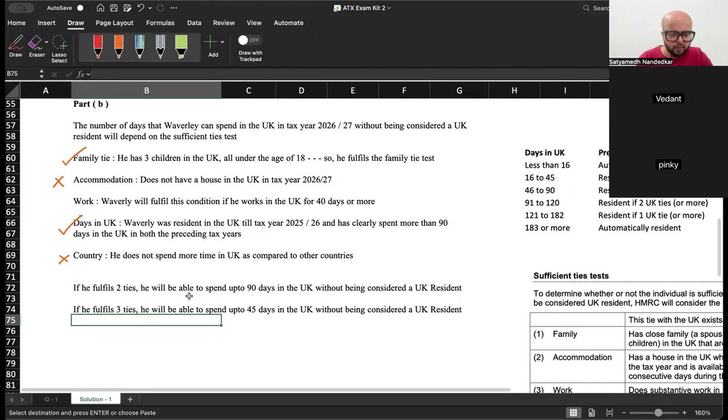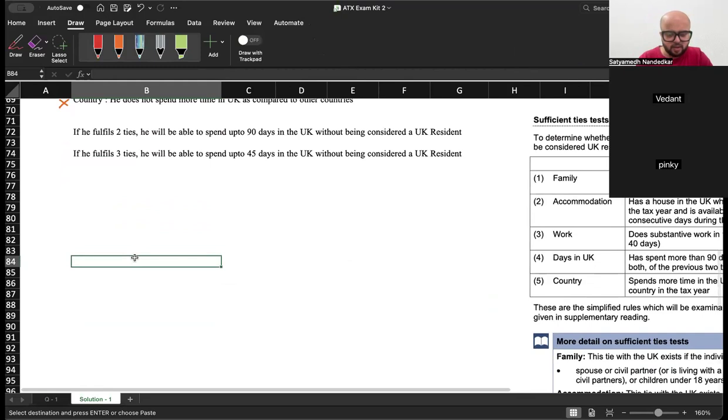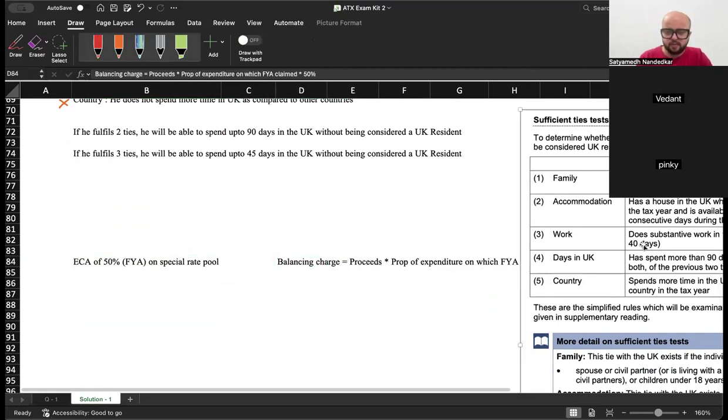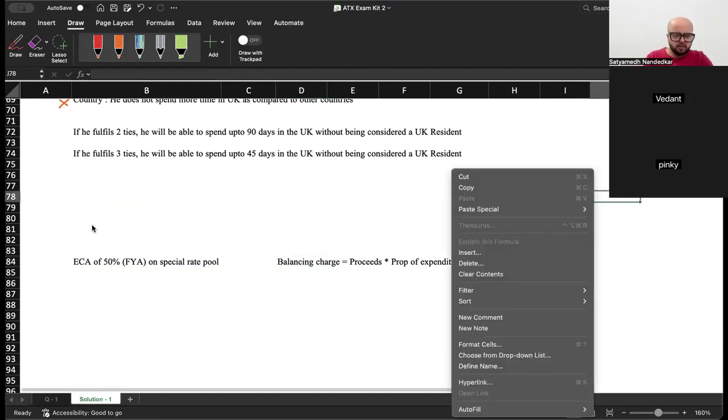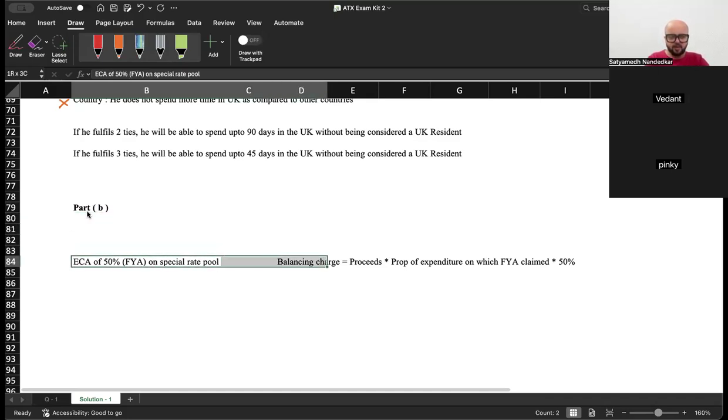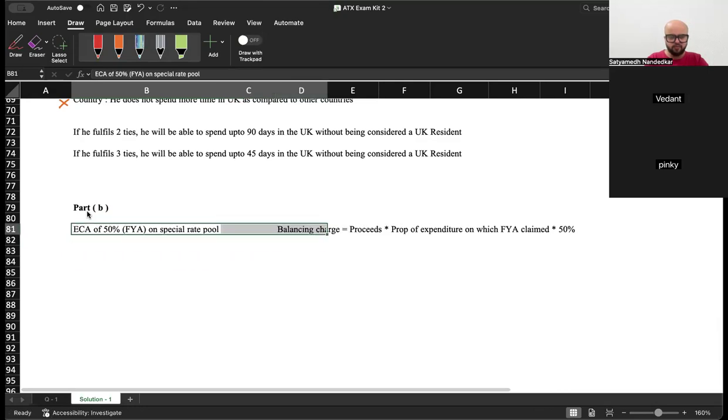So just writing it down here for your reference. Part B. Enhanced capital allowance of 50% was claimed here.